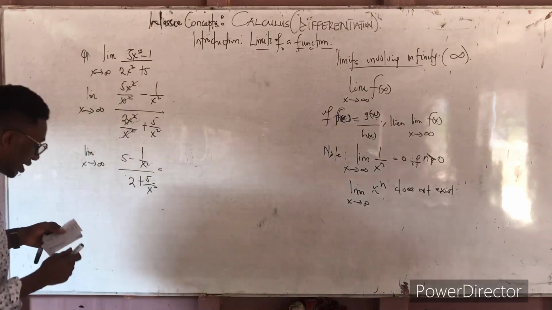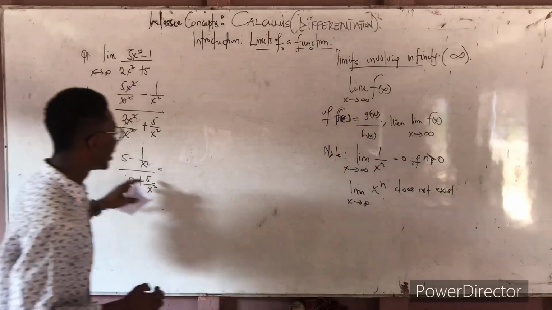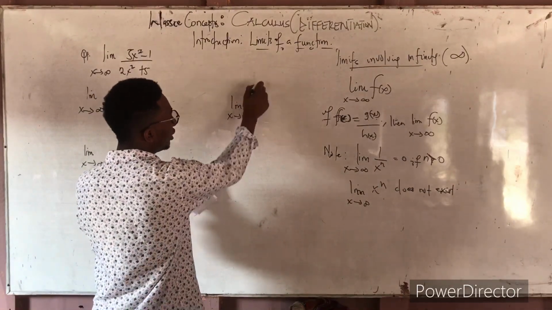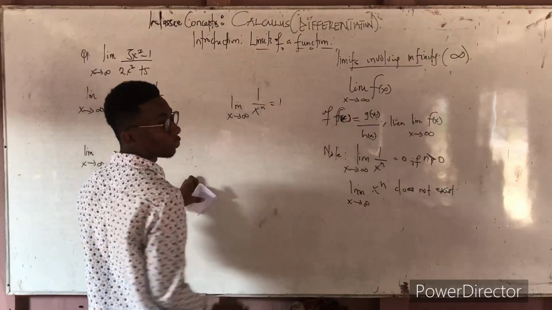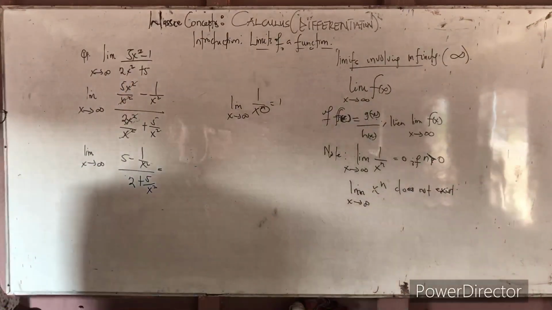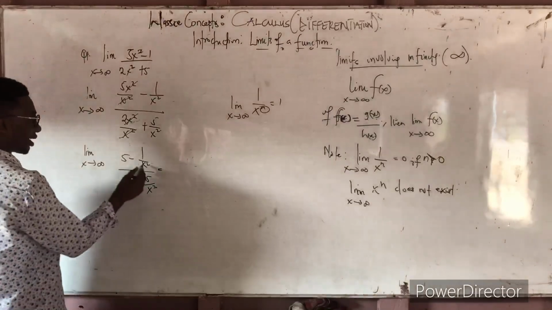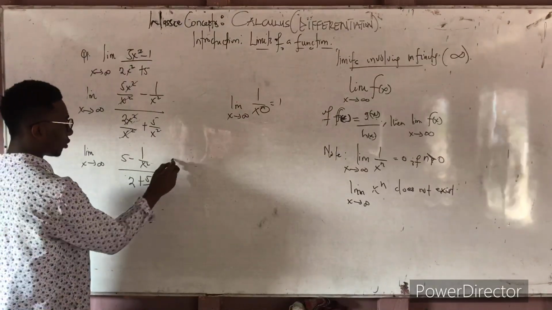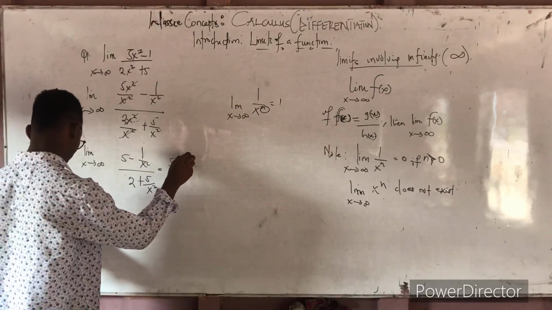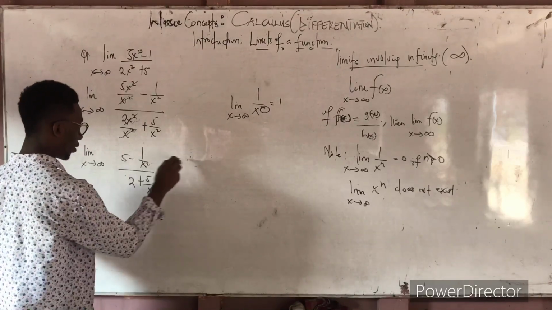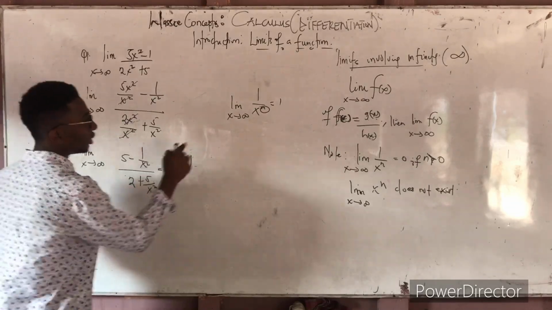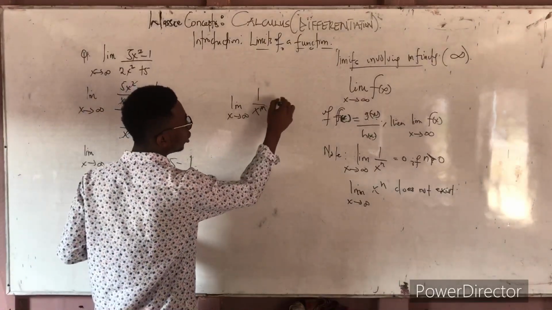And now when you do this, what do we get? You realize that anytime we have the limit as x approaches infinity of 1 over x to the n, when the n value is positive, it gives us 0.